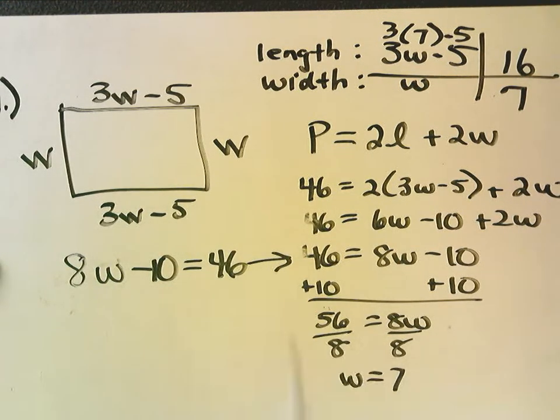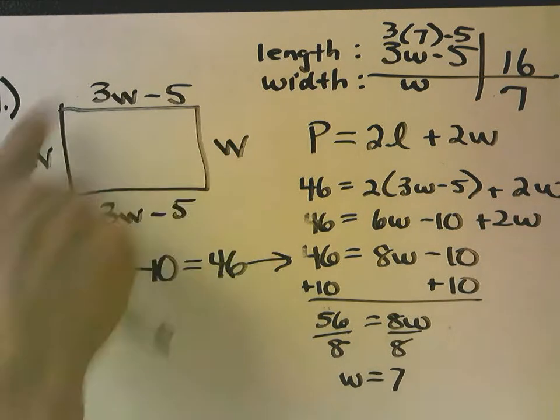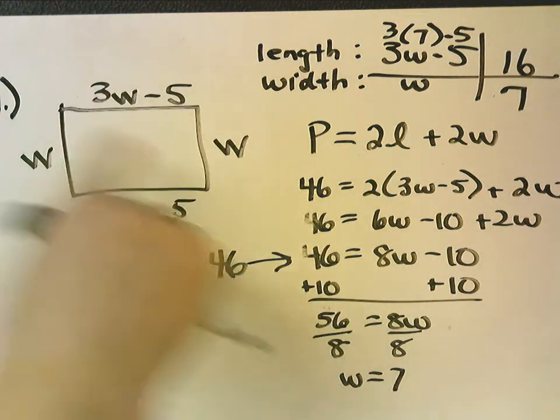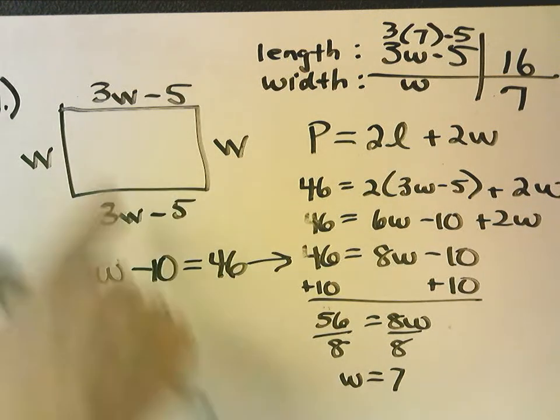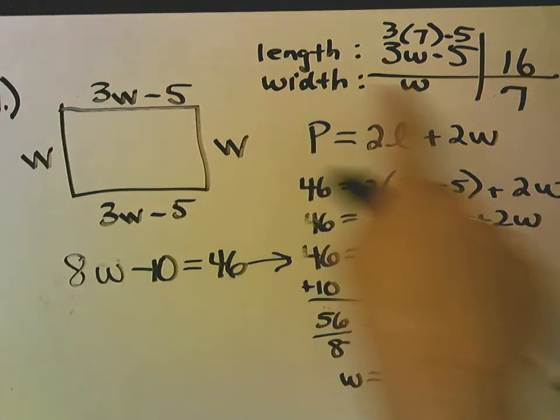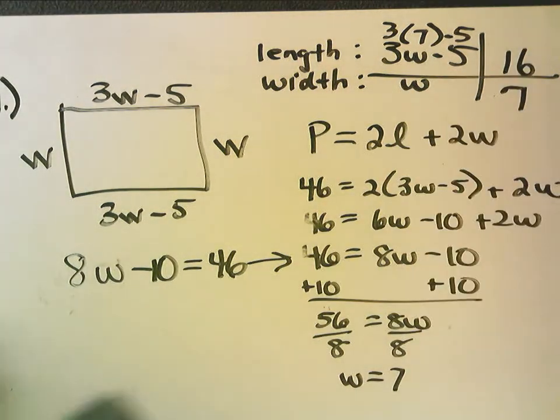And then I can proceed from there. So you can either do it by using the formula, or my preferred method is using a diagram and just adding the W's and the numbers first. Add all 4 sides together, set them equal to the perimeter. Okay, but don't forget at the end you have to give me both the width and the length.